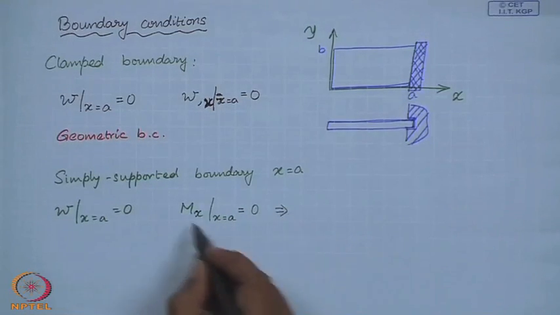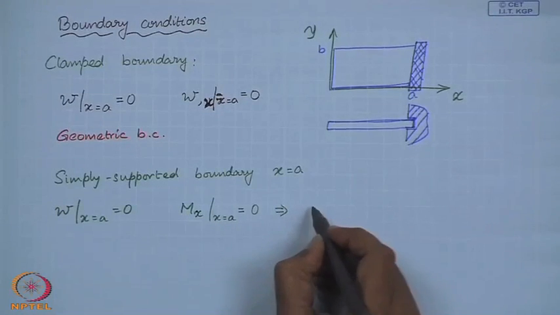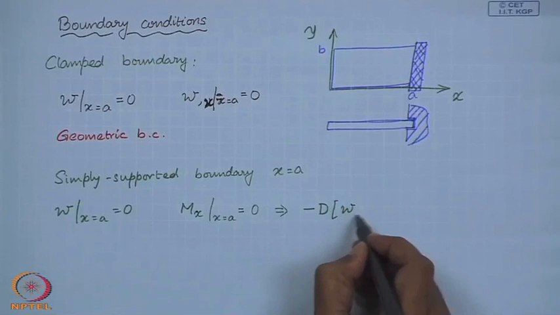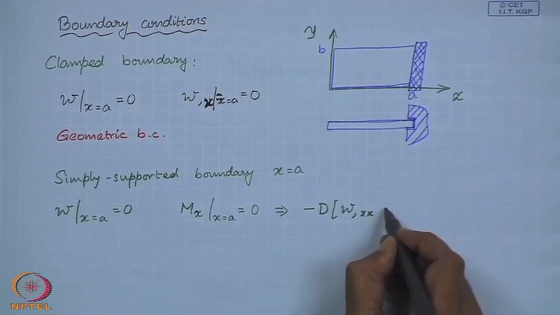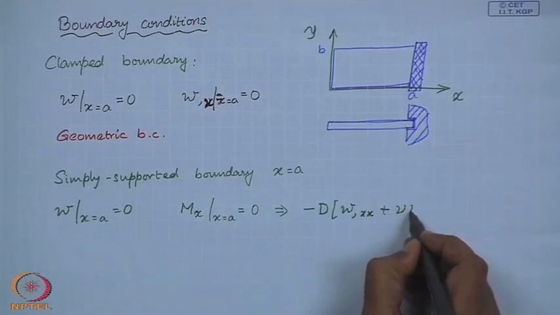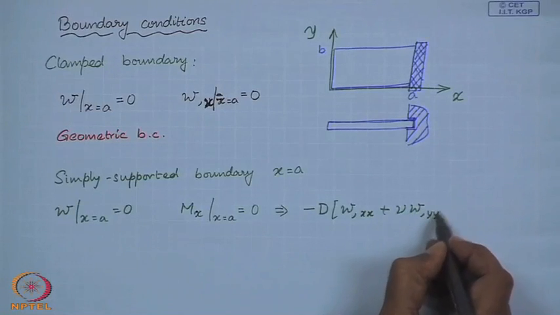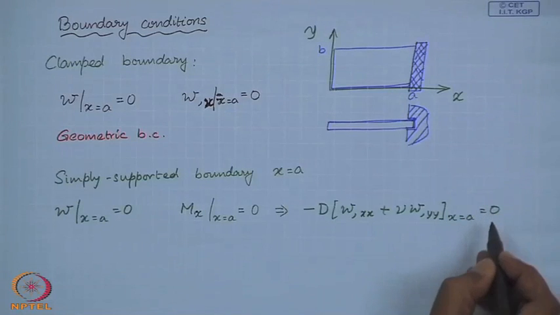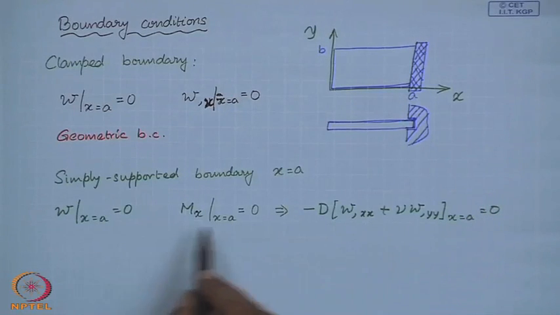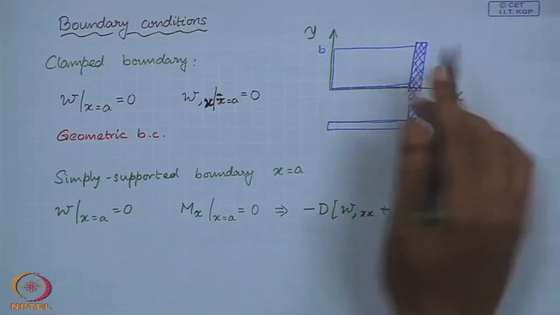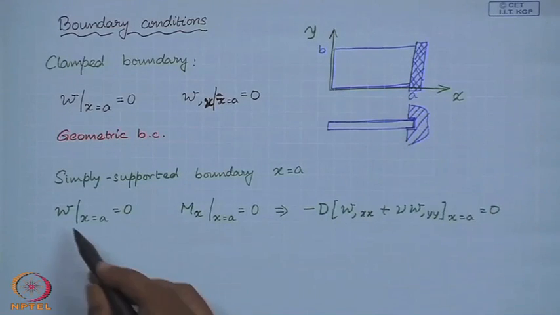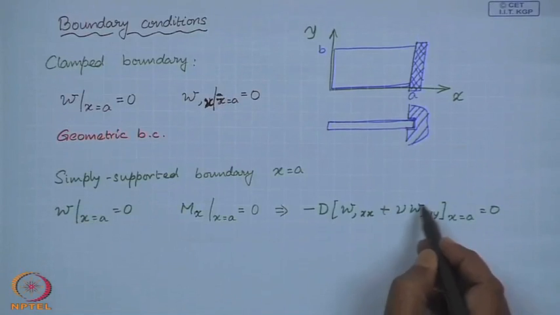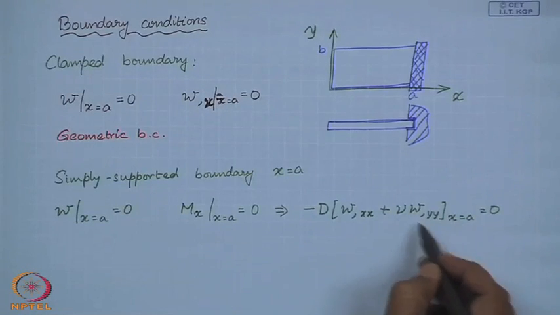So, this implies, if you use the expression of the moment, that if the edge is simply supported and is straight, so that w at x equal to a for all y is 0, then there is no curvature.